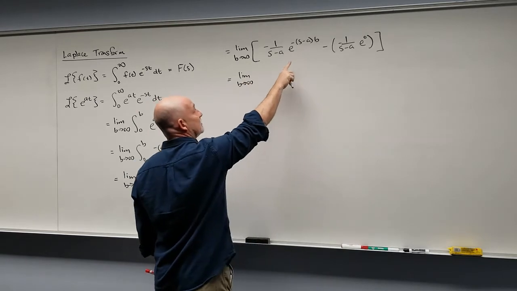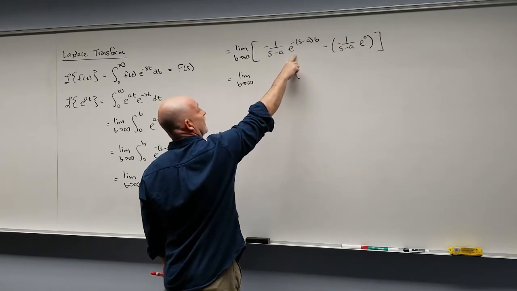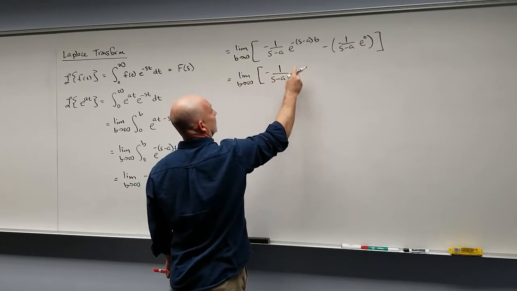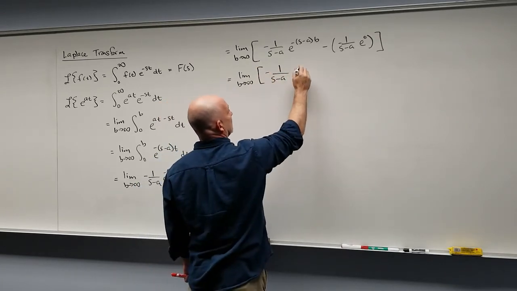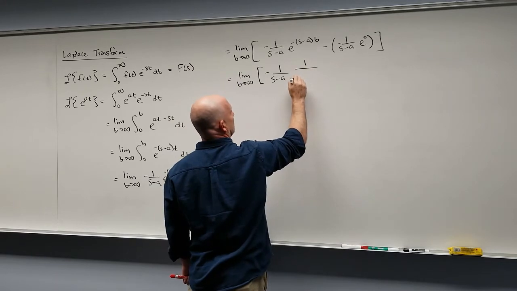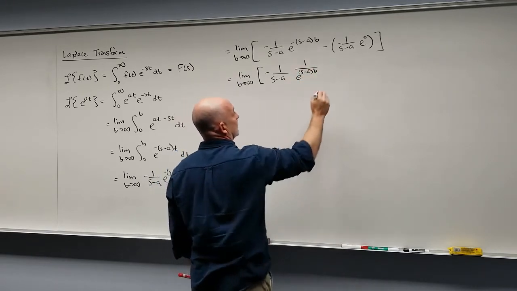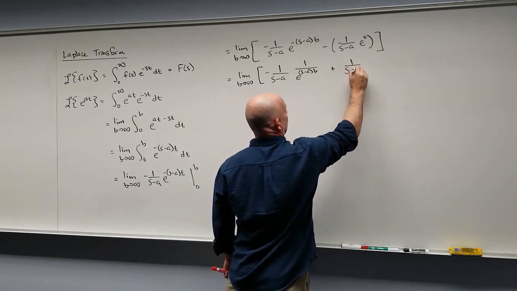Now, it's the same thing that we did before. I can rewrite this exponential on the bottom as long as that exponent stays negative. So I want to write this as 1 over e to the (s minus a)b. Of course, this is just plus 1 over s minus a.